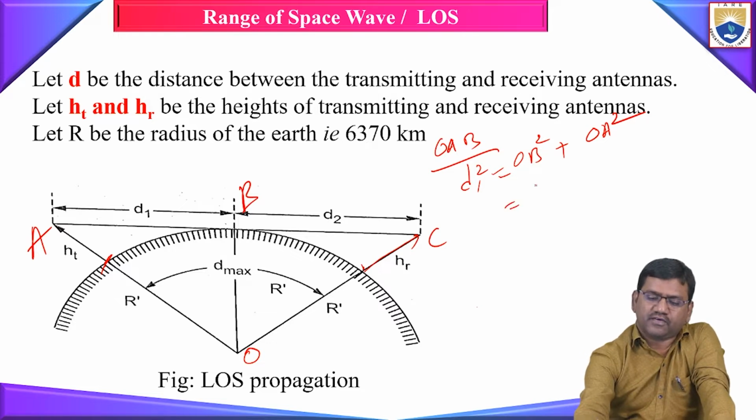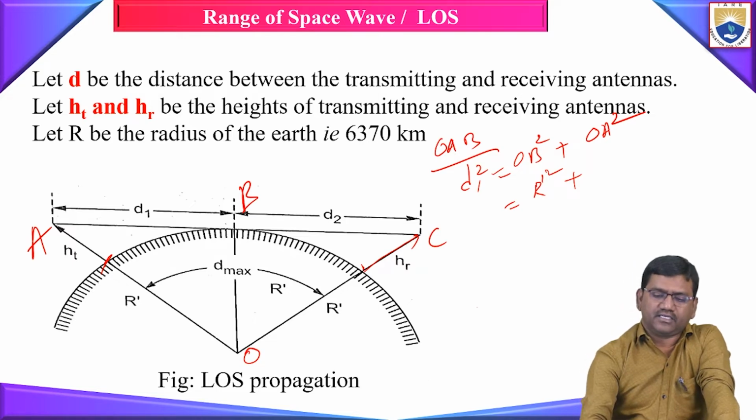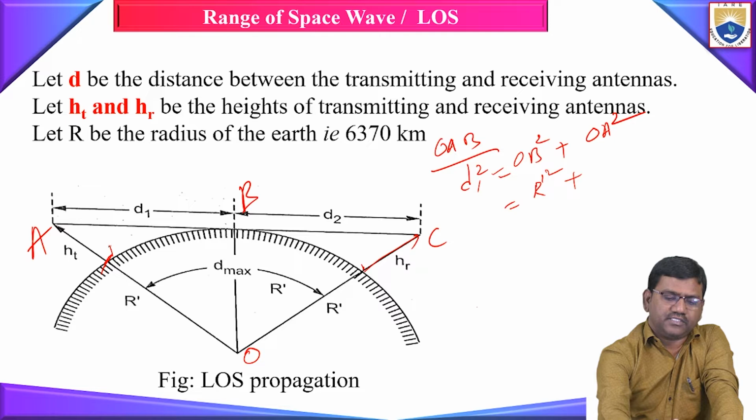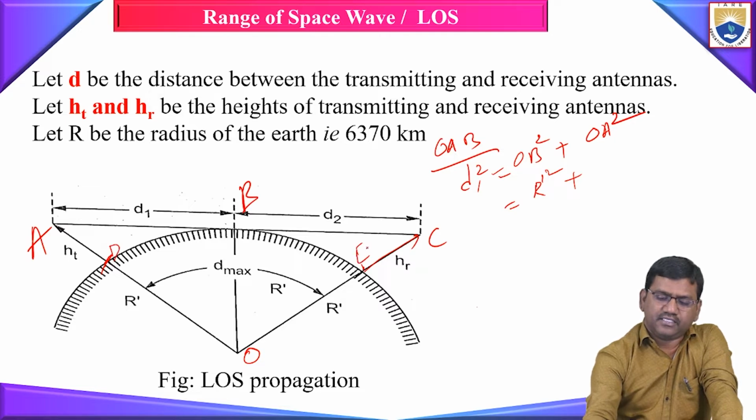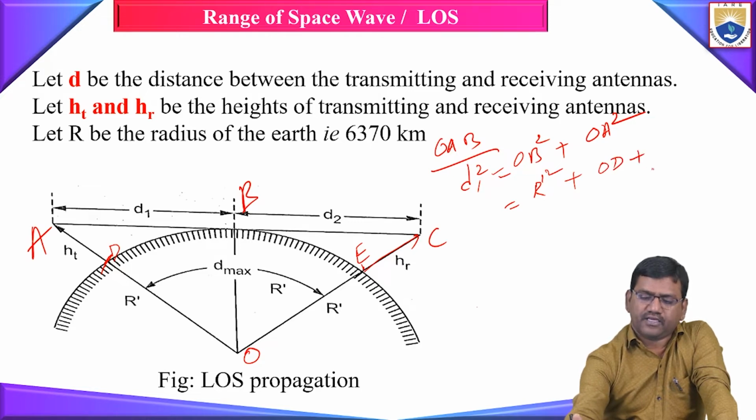OB square is nothing but R dash square, plus OA square. Here, let us assume this as D and this as E. OA can be written as OD plus AD whole square.